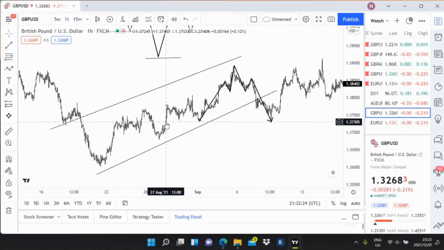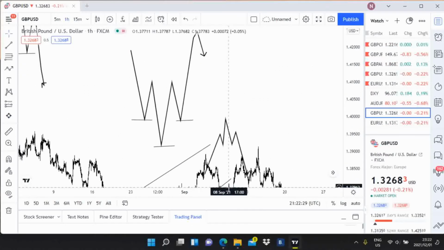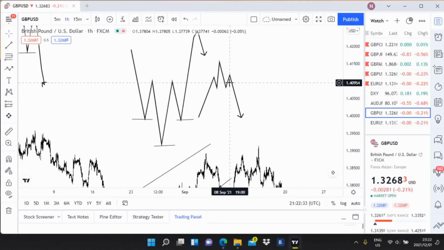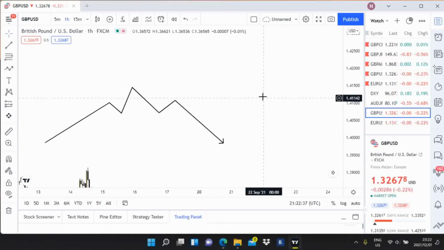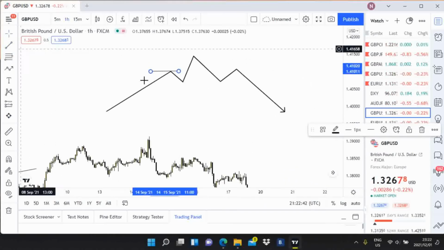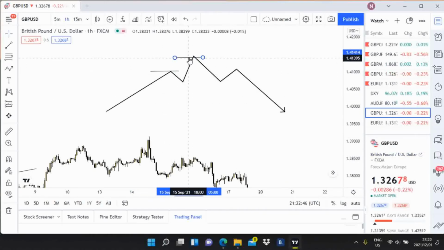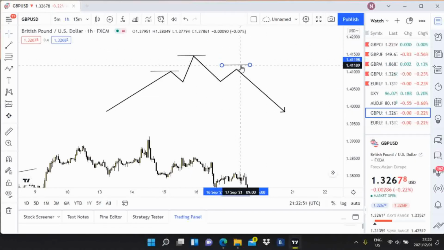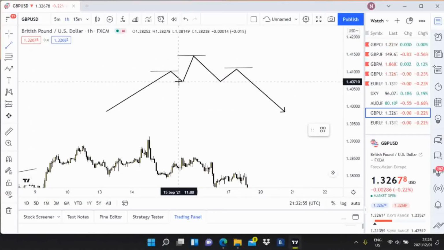So if I can just move this pattern here, the path I just created, as you can see, this here is your shoulder, your head, and your right shoulder, and here is your neckline.